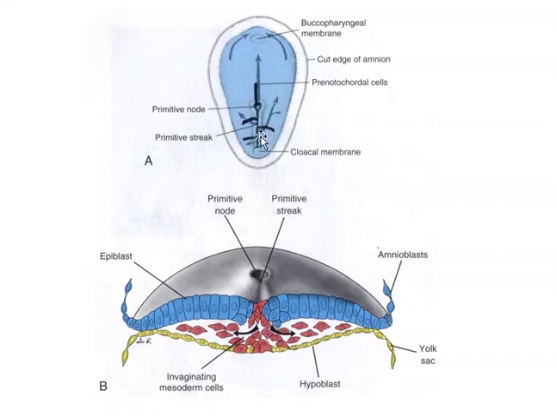Here is the direction of migration from the epiblast anteriorly and laterally. Here we have the buccopharyngeal membrane and cloacal membrane. That means we have here the head side and tail side. So the primitive streak starts just near the cloacal membrane and moves cranially.